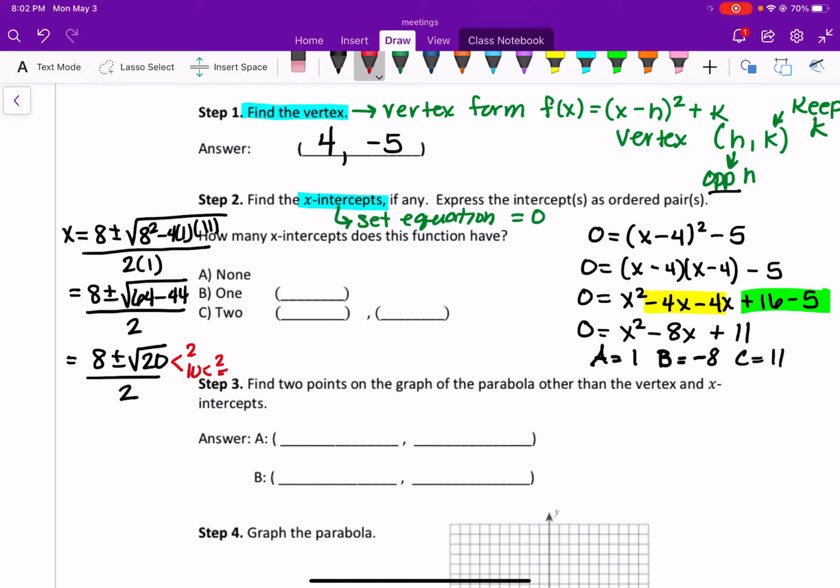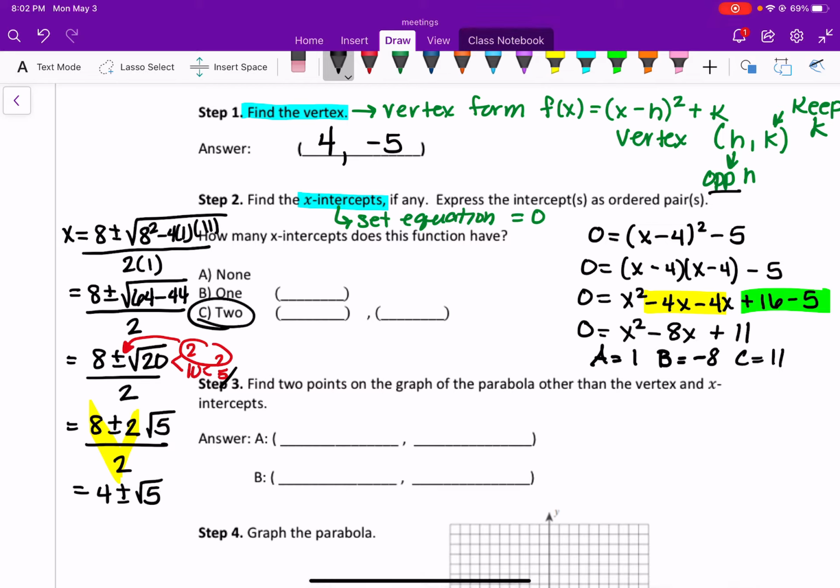This is 2 and 5. So a pair of 2's gets to come outside. Remember, only one of them gets to break out. So we have 8 plus or minus 2, and then our 5 is left underneath. So square root of 5 divided by 2. And then what we need to do here is reduce. So this will be 4 plus or minus the square root of 5.